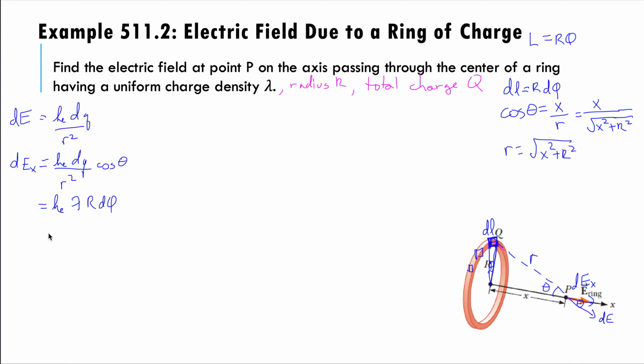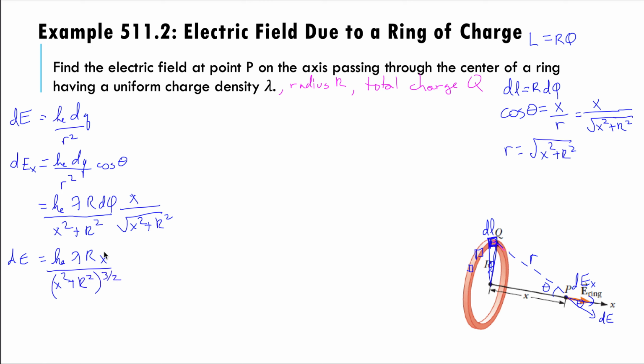And we can go ahead and substitute all of this in here. X over square root of x squared plus r squared for cosine theta. And then the r squared here is going to be x squared plus r squared. And now we can go ahead and simplify a little bit. We're going to have ke lambda r x over x squared plus r squared to the 3/2.